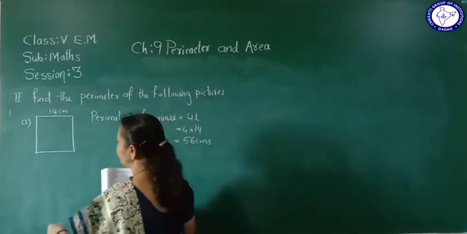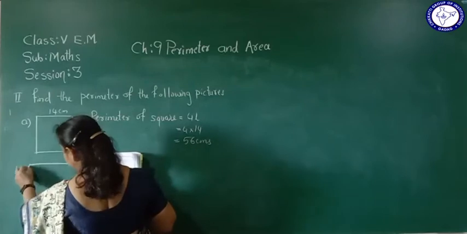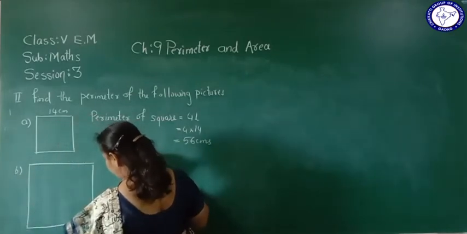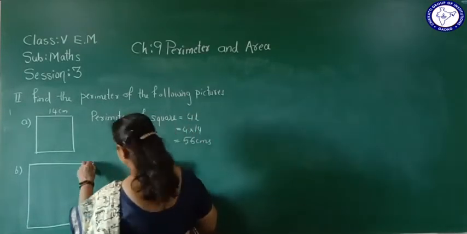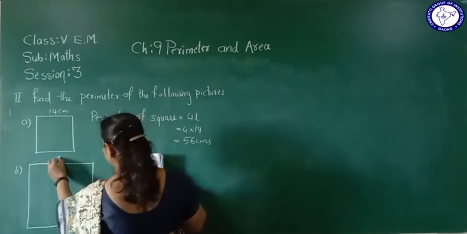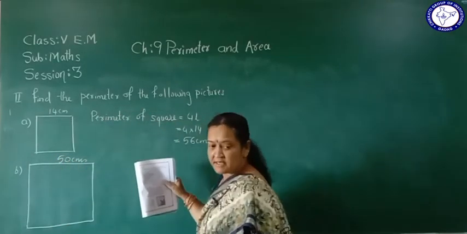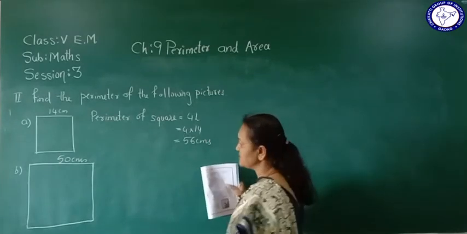Then the second figure, one frame of a very nice picture of a butterfly is given. Its side is 50 centimeters. Here the side of this square is 50 centimeters.